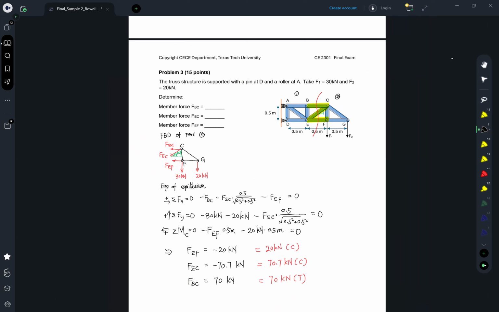Identifying whether a member is in compression or tension is equally important as identifying the magnitude, because for structures, when a member is subjected to tension or compression, the behavior and failure mode of truss members can be completely different.